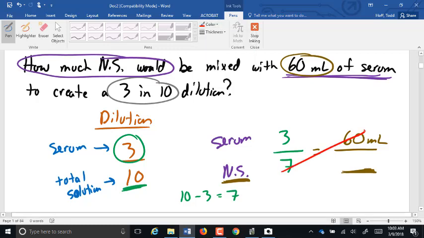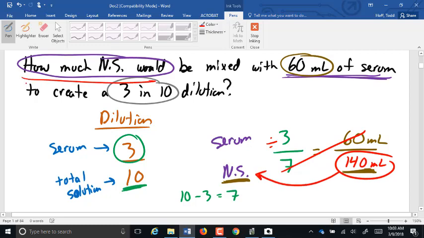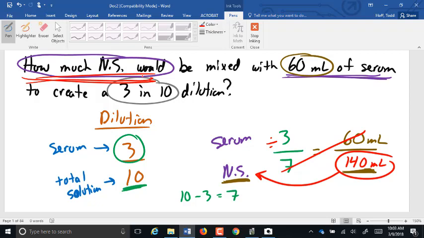So 7 times 60 is 420. Divided by 3 is 140 milliliters. That is the amount of saline that would be needed. We should always go back and double check and make sure we answered what the question was asking. And here the question is asking how much NS, or how much saline, would be required. So 140 milliliters is the amount of saline.